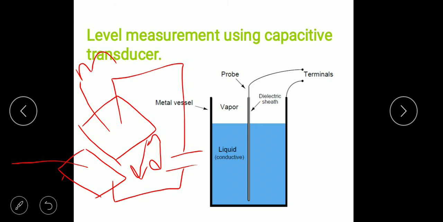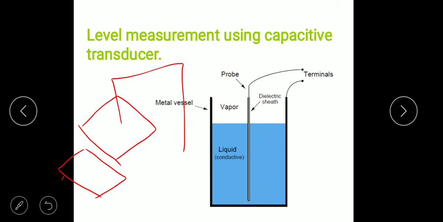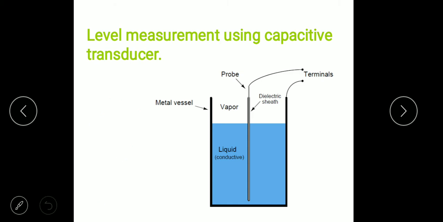Today the function is different. We are not going to measure the distance or the displacement of the body. Today we are going to measure the height or the level of the water. Here in this diagram we can see there is a flask or vessel. In the vessel there is a conductive medium, which we are considering as a liquid.